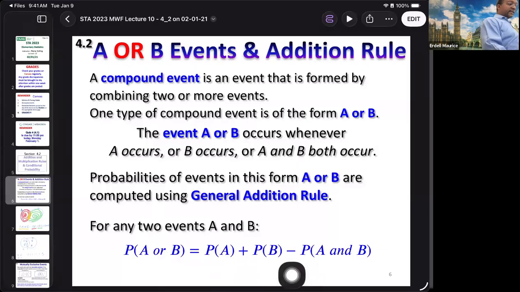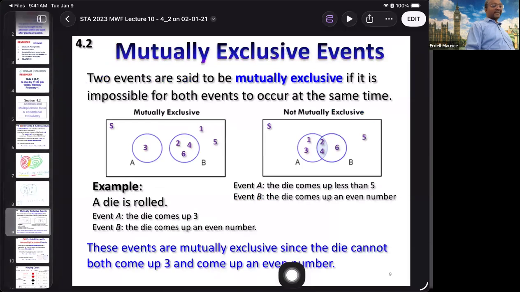The second rule is for a specific circumstance, when you have two events that are mutually exclusive. Anybody remember what it means to be mutually exclusive? They cannot happen at the same time.